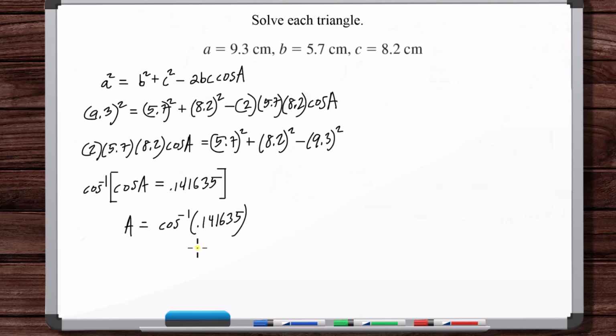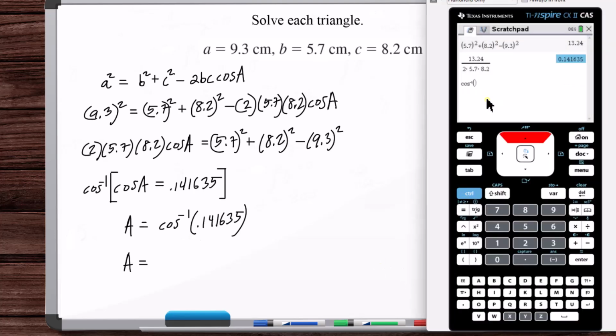But the other angle that would give you this cosine value is going to be in the third or fourth quadrant, a reflex angle, which doesn't apply here. You can't have a reflex angle, or an angle in the third or fourth quadrant, as part of a triangle. So that's it. It's just whatever the inverse cosine gives you, that's the answer. It's going to be an acute or obtuse angle.